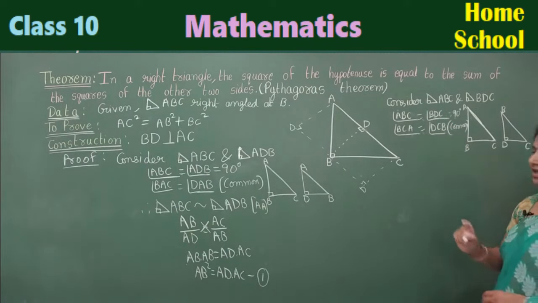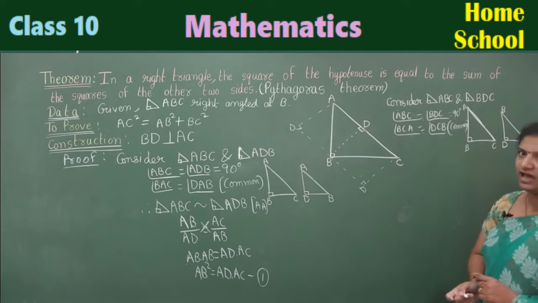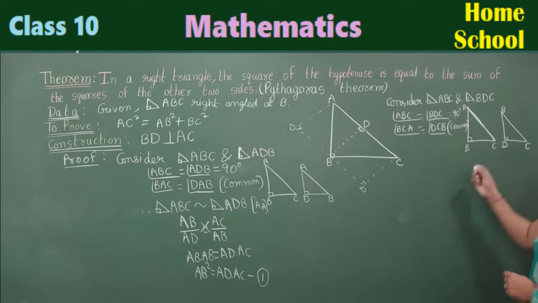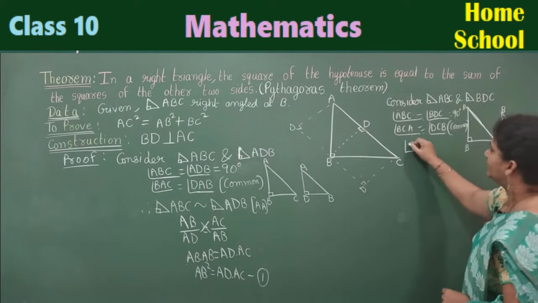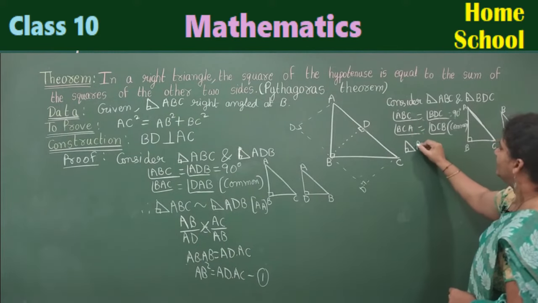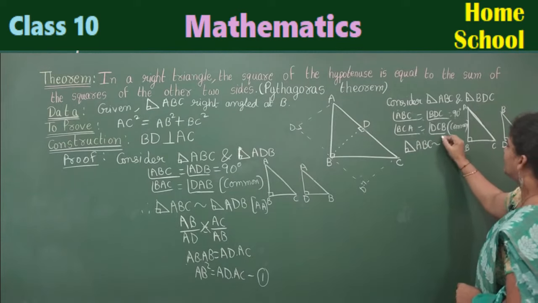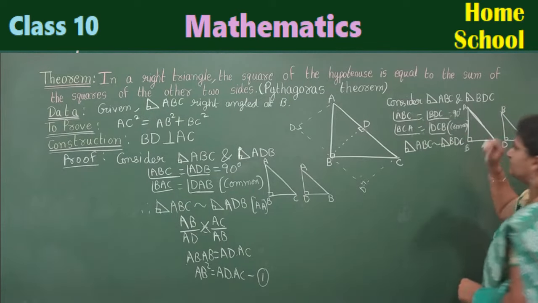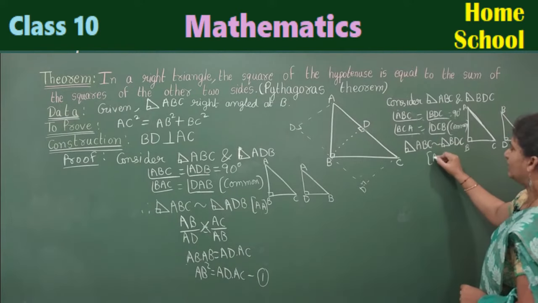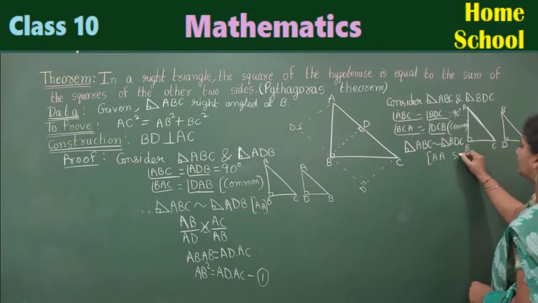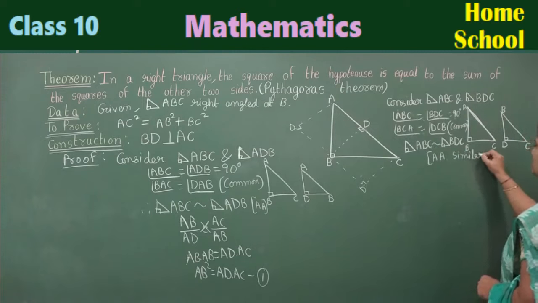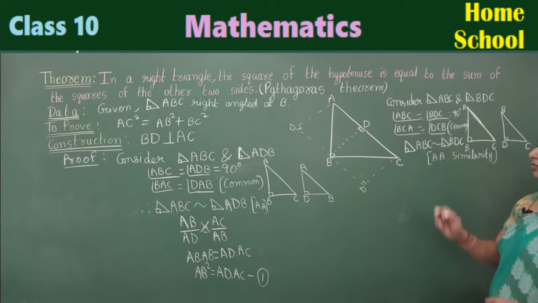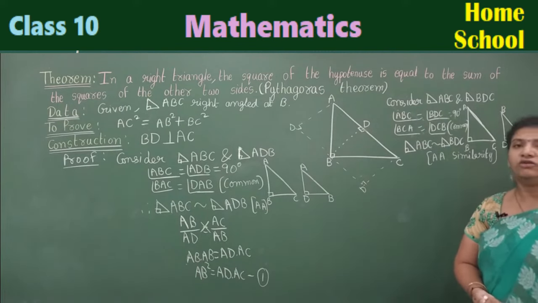Therefore, the two triangles are similar by angle-angle similarity criteria. Right triangle ABC is similar to right triangle BDC by angle-angle similarity criteria.